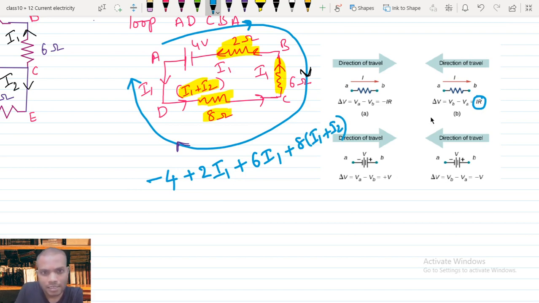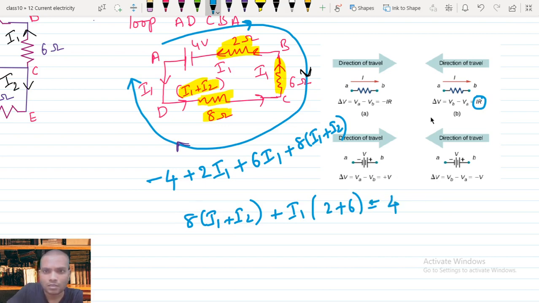If I write this equation properly, it is 8 of I1 plus I2 plus, combining these two, I1 of 2 plus 6, is equal to 4.